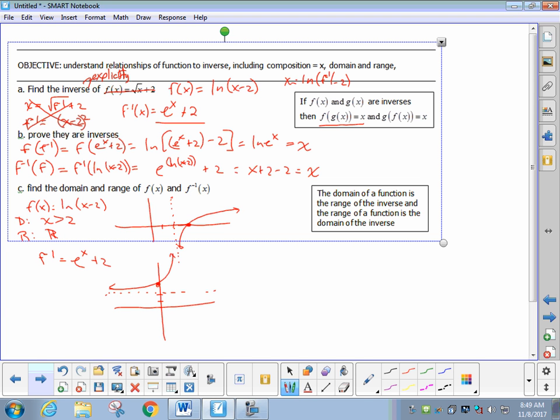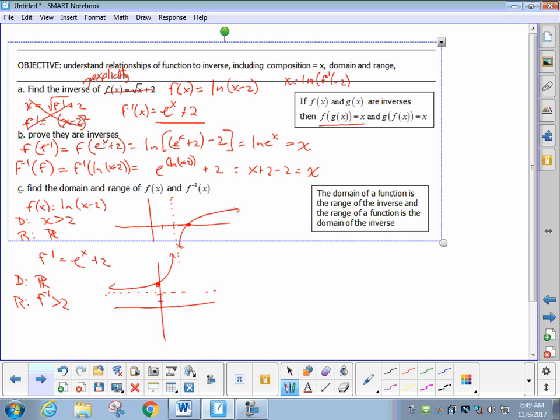If I put those together, they would be what kind of reflection? Across y equals x. What's the domain of the inverse? All reals. Goes forever left and forever right. What's the range of the inverse? F inverse is, or y I suppose is, greater than 2.